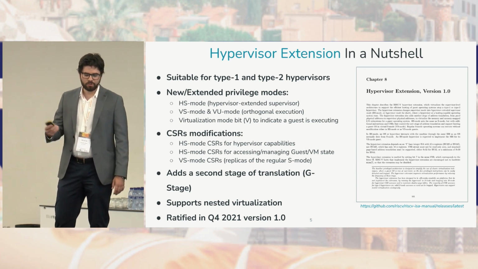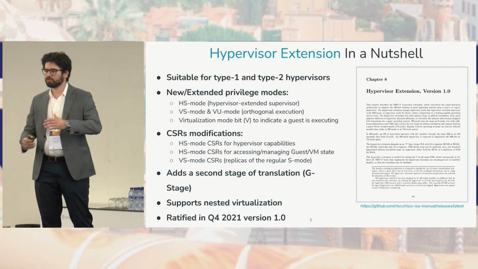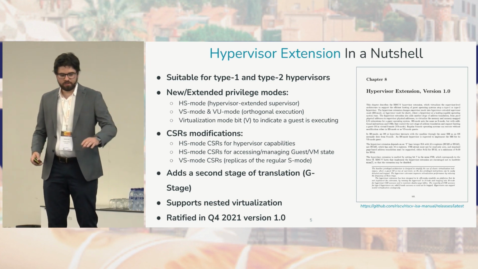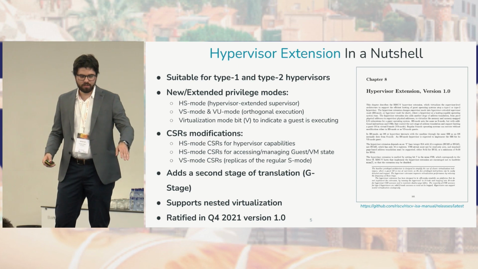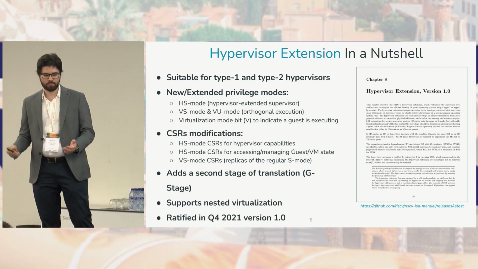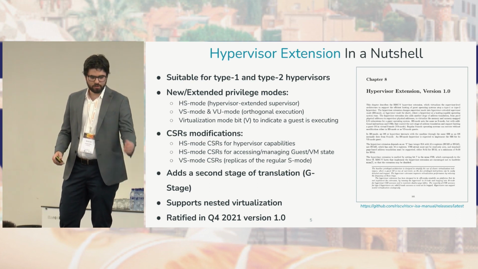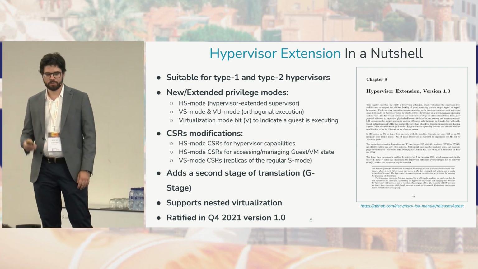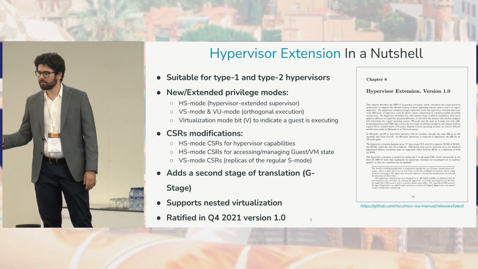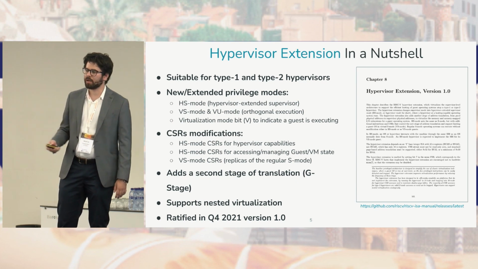It then also adds two extra modes that are orthogonal to the execution, where you can run your guest OS. One of the things that is really good is that VS mode is the same as S mode, so you can run your OS without modifications. It also adds a second stage of translation to virtualize the memory for the guest. So you have the normal translation for the guest, and then you have another stage of translation that is controlled by the hypervisor.